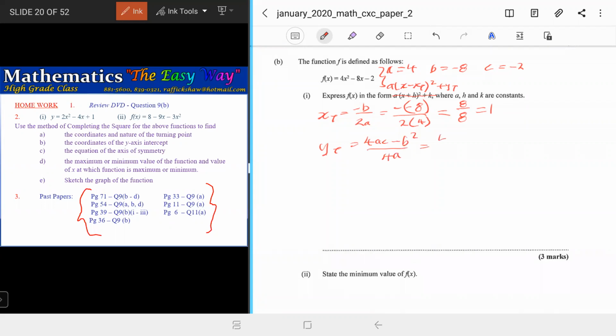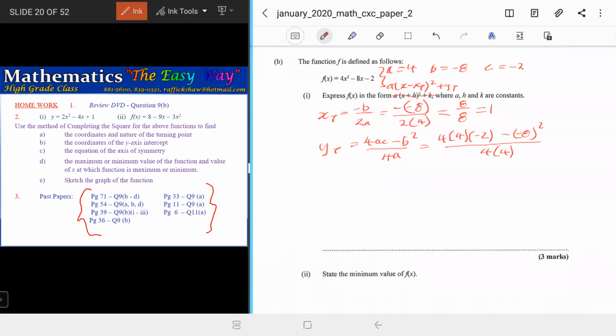So it's 4 times the a value, which is 4, times the c value, which is negative 2, minus the negative 8 b value squared, divided by 4 times the a value, which is 4. We can work this down.